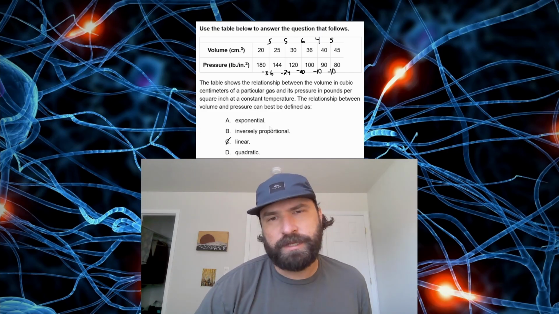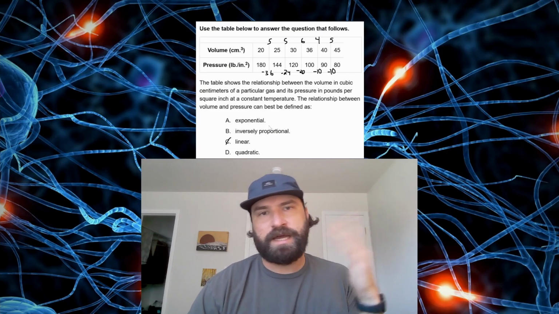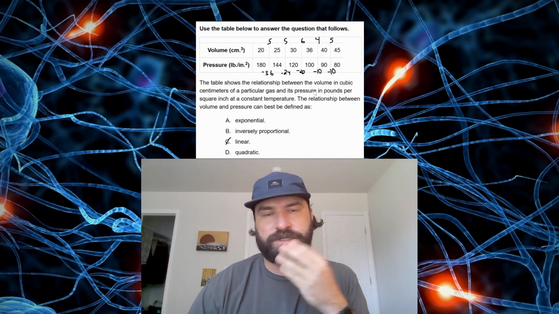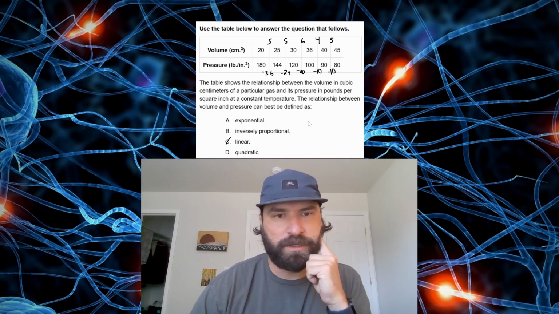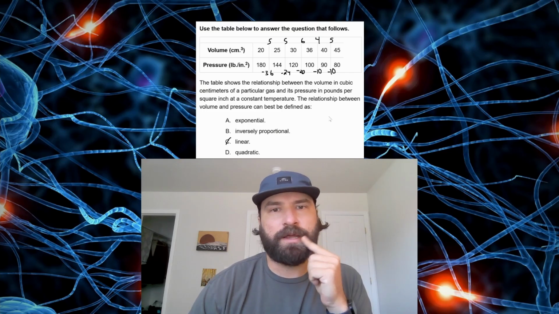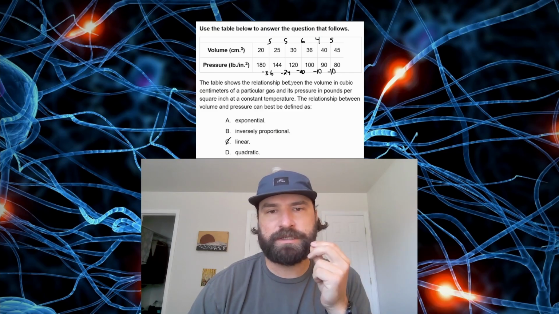In an exponential relationship, it'll consistently get larger or smaller depending on whether it's exponential decay or exponential growth. So it looks like it could be exponential. Quadratic is when you have a constant change in one of your variables and the second difference is the same each time.